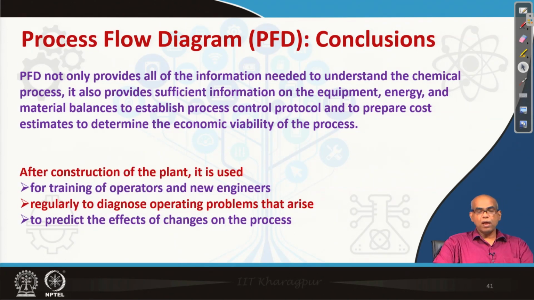After construction of the plant, its job is not over. It is used for training of operators and new engineers. It is used regularly to diagnose operating problems that will arise frequently in a manufacturing plant. It is also used to predict the effects of changes on the process.